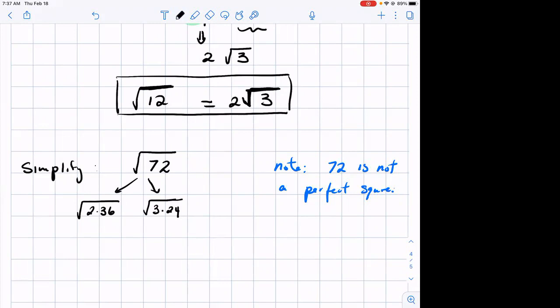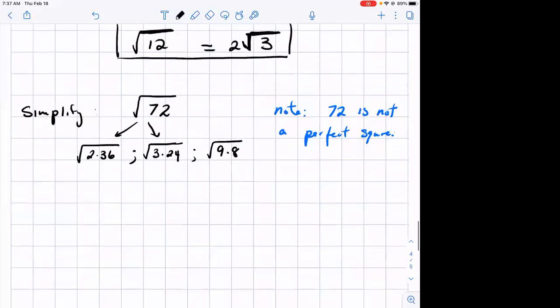We have, so all of these are factors, and the list probably goes on, 9 times 8. We have 6 times 12 and so on. So I'm only listing a few of them so you can see.